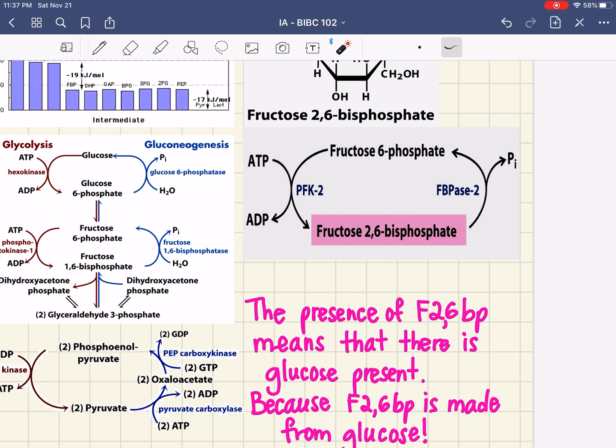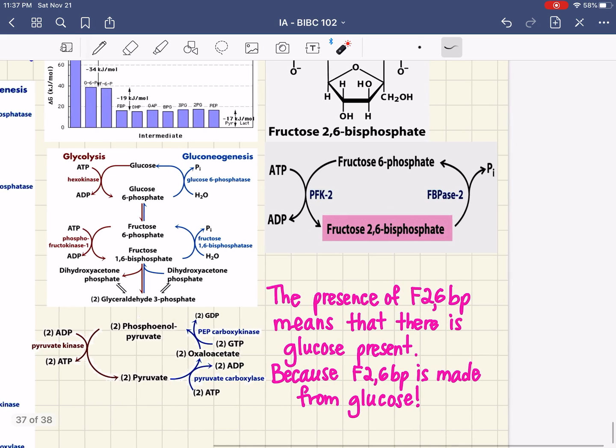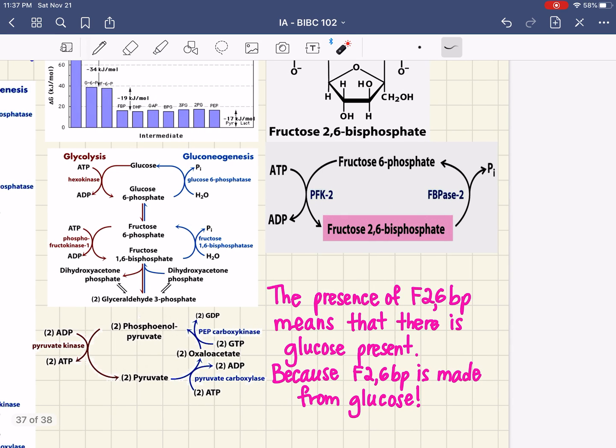And vice versa. If there is glucose present, then you better know that fructose 2,6-bisphosphate is going to be made, because fructose 2,6-bisphosphate is simply made from glucose. Okay? This is important to remember because this is one piece of information that will help you a lot when there are questions about the interplay between all of these enzymes and their substrates.